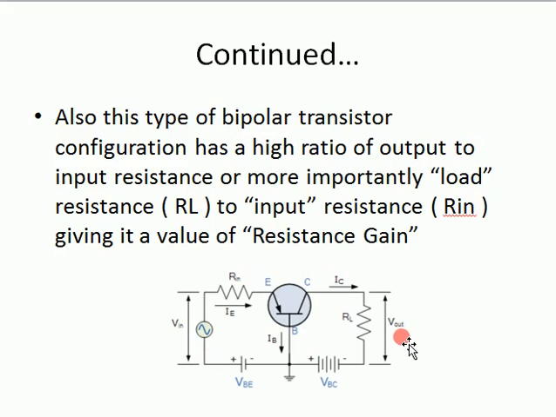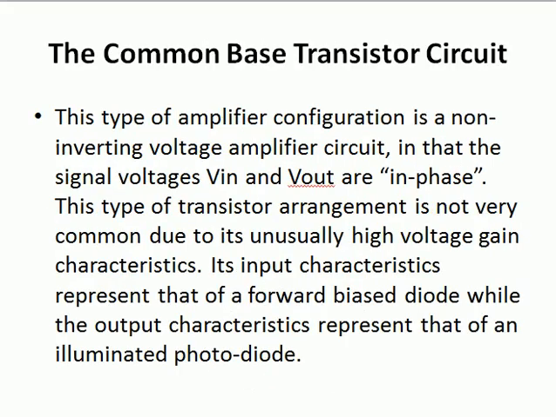So it is the property of a common base amplifier, that it is basically a non-inverting amplifier, that the signal is not inverted at the output side. That's why we have said this here. It is the non-inverting voltage amplifier circuit. It means that the input voltage and the output voltage both are in phase with each other.